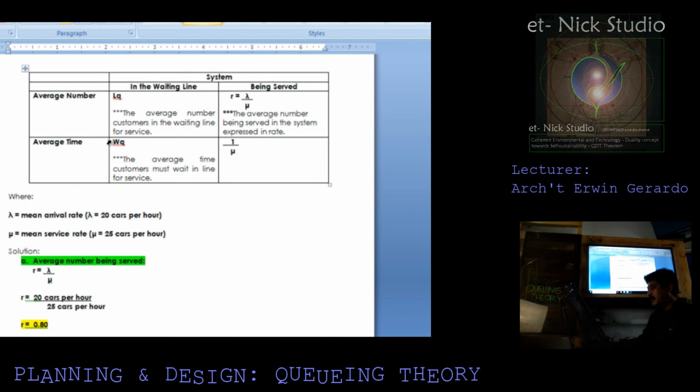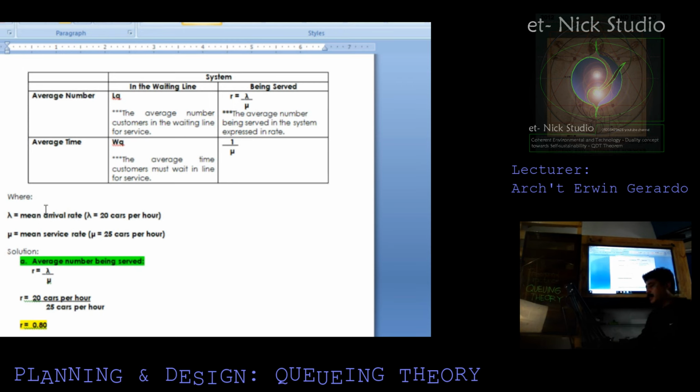When we say W, this is best expressed as wait, while L actually represents the waiting line or line for service. Therefore, the average time being served in the system is 1 divided by mu.